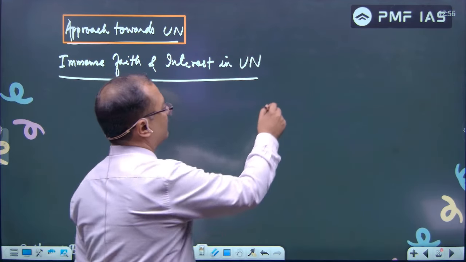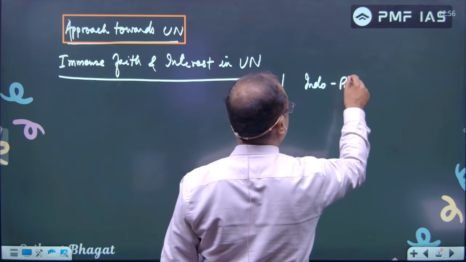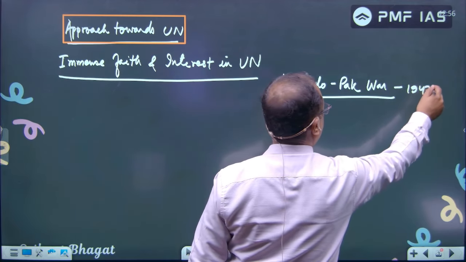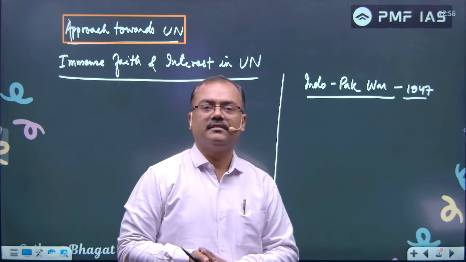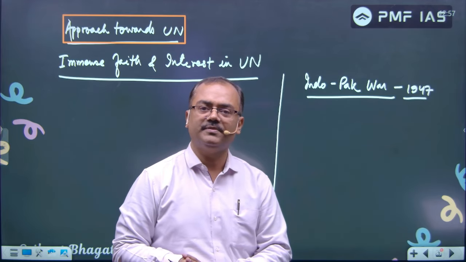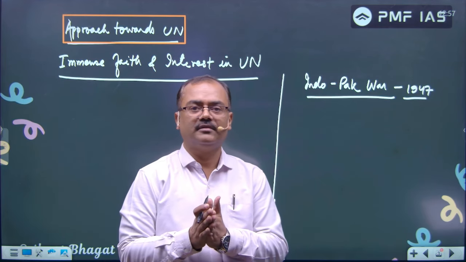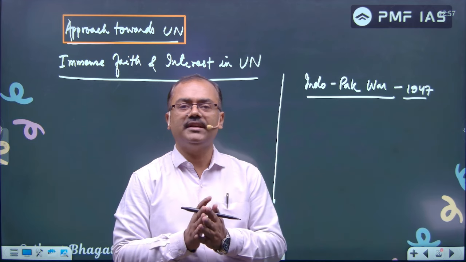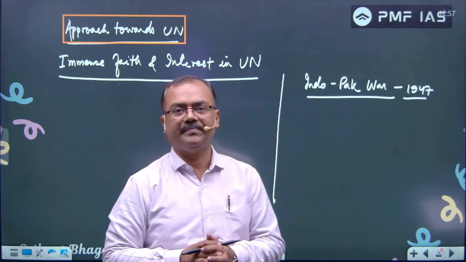This is the reason Nehru approached UN when there was an Indo-Pak war in 1947, after independence, over Kashmir as a region. If you have gone through the modern India part of your syllabus, you must know that the bordering princely states could sign the instrument of accession either in favor of Pakistan or India.